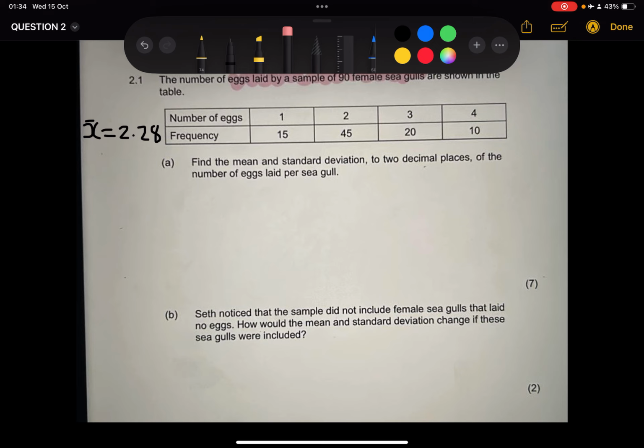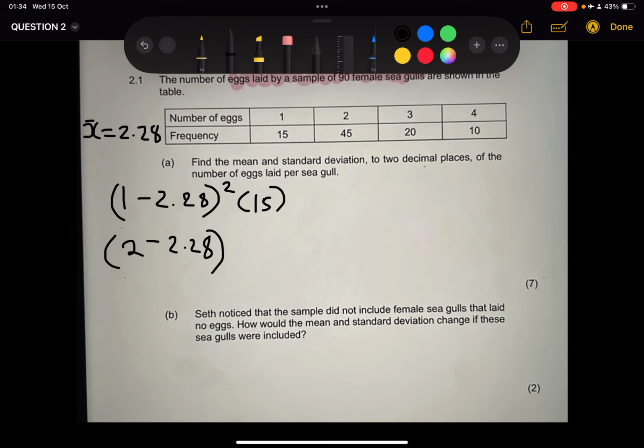So for egg 1, we're gonna have 1 minus 2.28, and then we square the difference. Then we multiply by the corresponding frequency, and then we do the same. For 2, we minus the mean, we're doing the deviations basically, then you square, you multiply by the corresponding frequency, then we keep on doing the same.